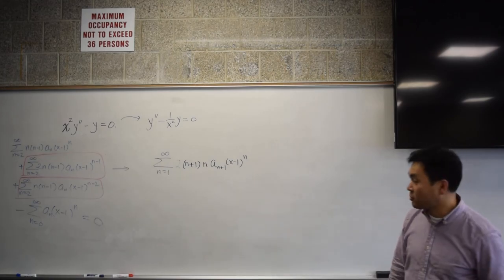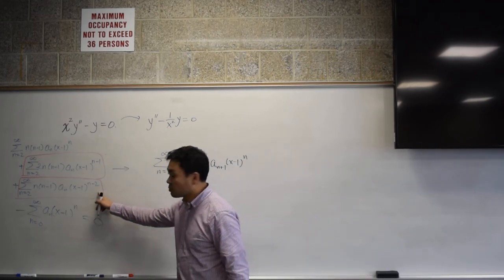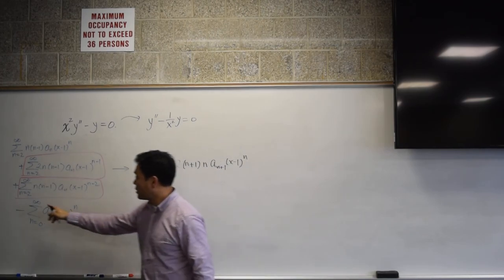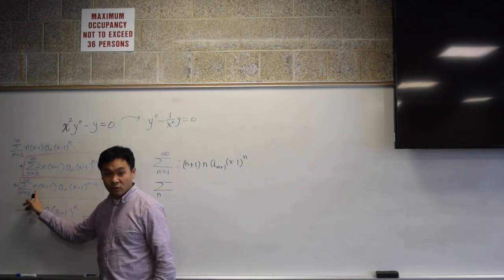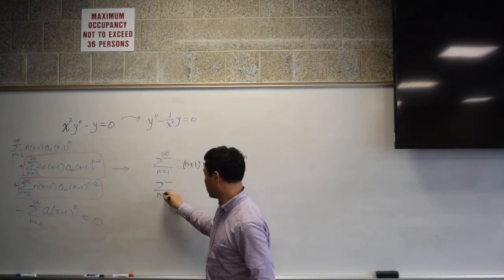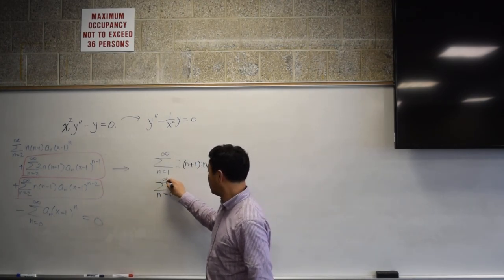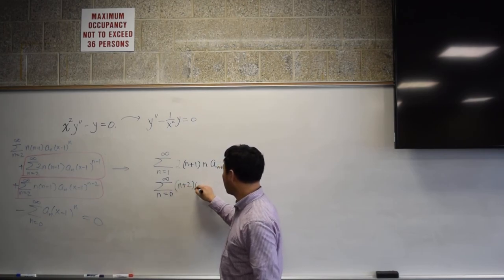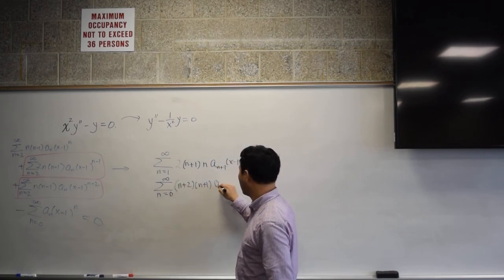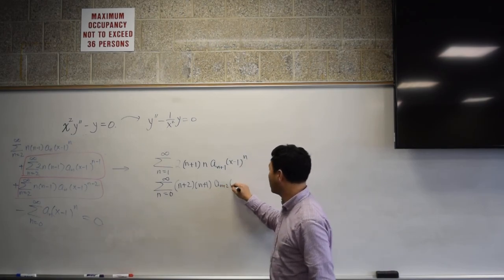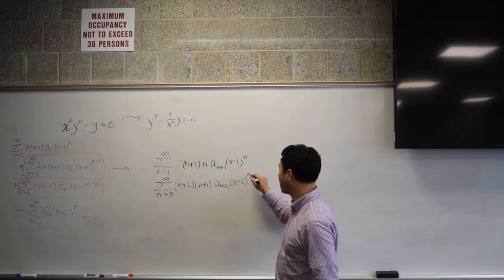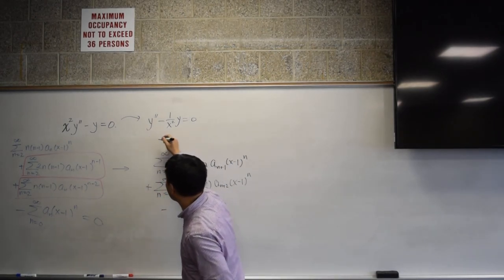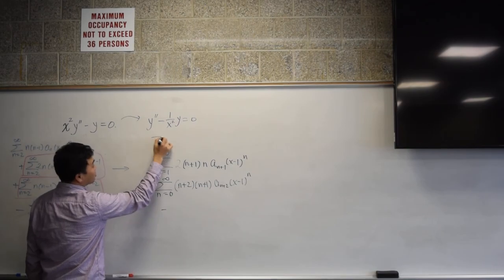That's what you get after shifting. What about this? What should I do? N plus 2. And then if n plus 2 is equal to 2, I get n equals 0. And I get (n plus 2)(n plus 1) a_(n plus 2), x minus 1 to the nth power. And the other two, I don't need to shift. So let's just copy the other two.